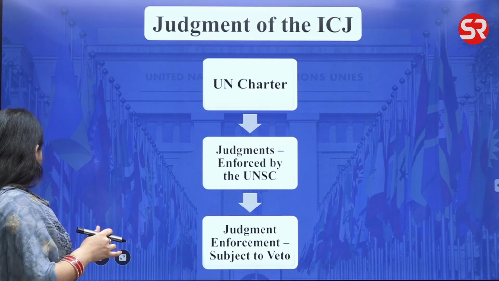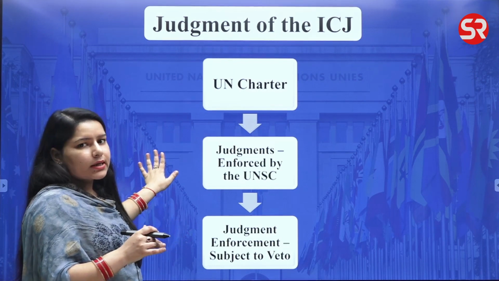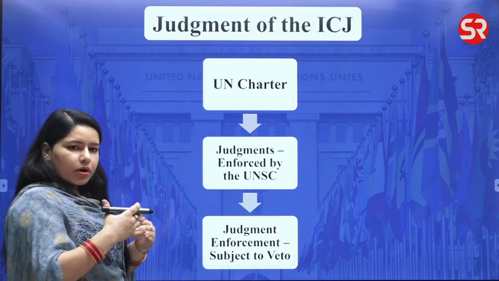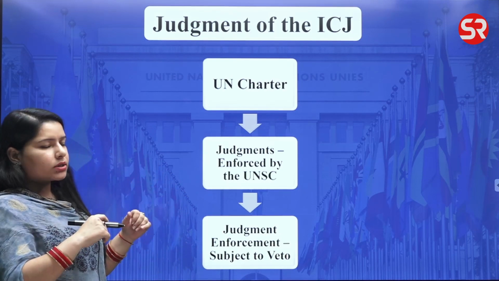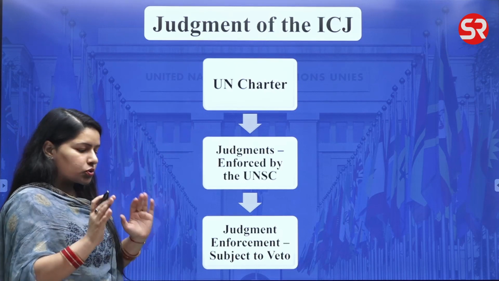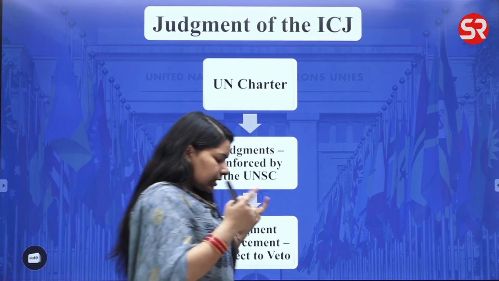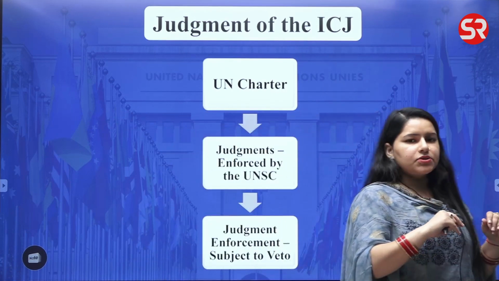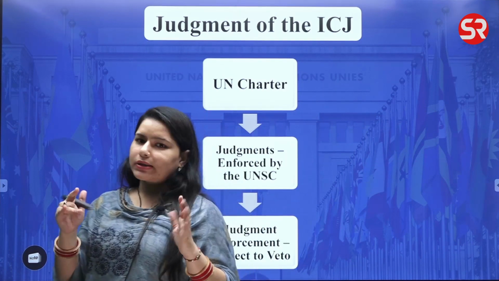Then, the judgment of the ICJ. It is most important to understand how the final judgment is followed by nations, and what the authority is under the charter. So when the ICJ gives a verdict, I will give you an example. Suppose there is a case in the ICJ between India and Pakistan, and India wins that case, right?